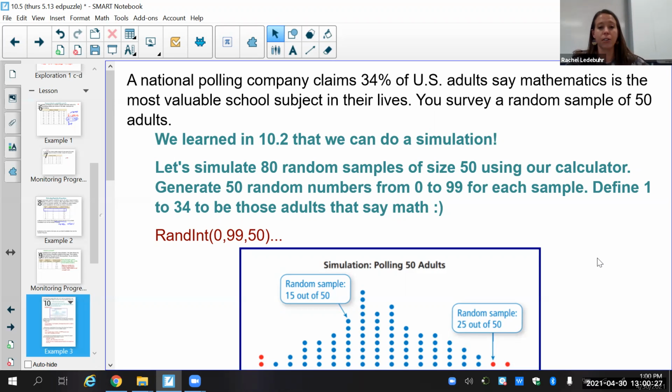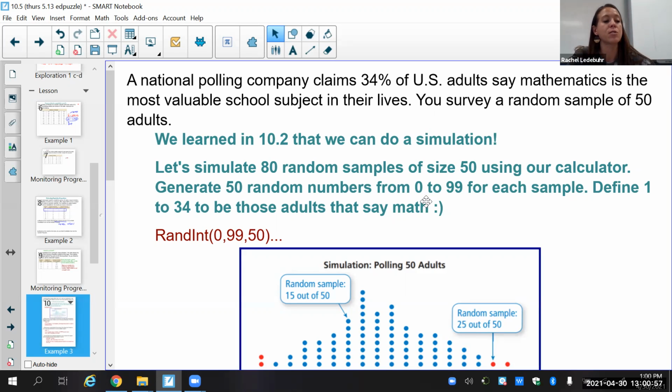So in your calculator, if you go to math, which is this button here, and you toggle over to probability, it says PRB, and you go down to random integer. We've done this once before, but just going over it again. And you plug in 0, 99, 50.